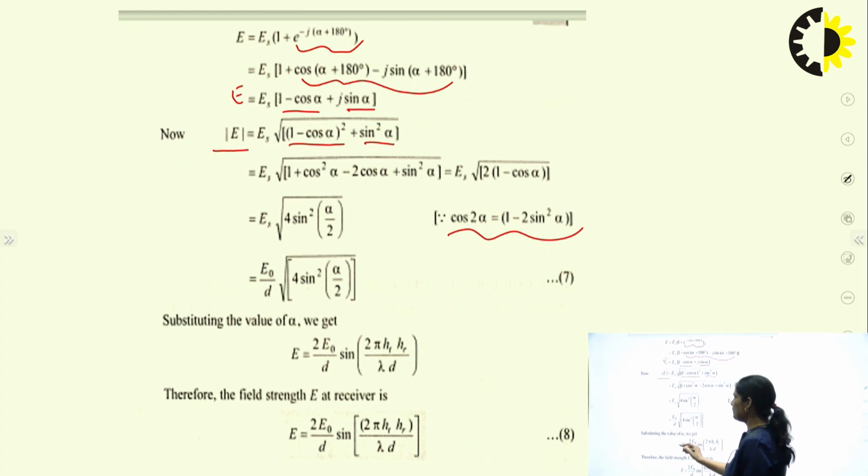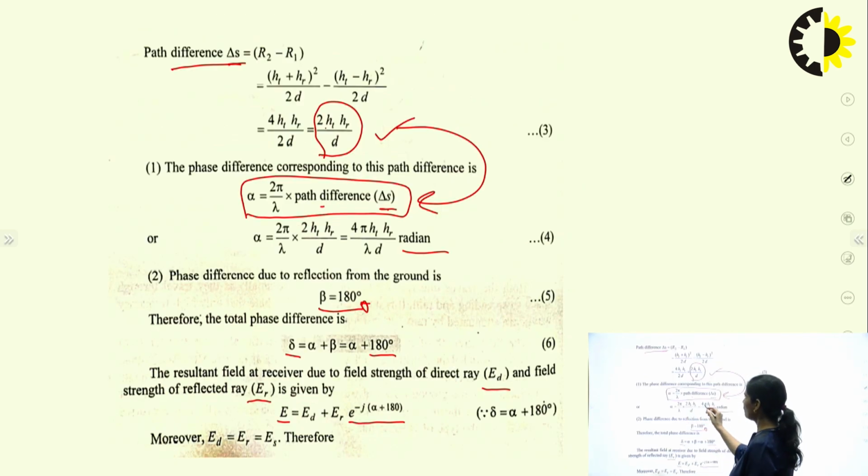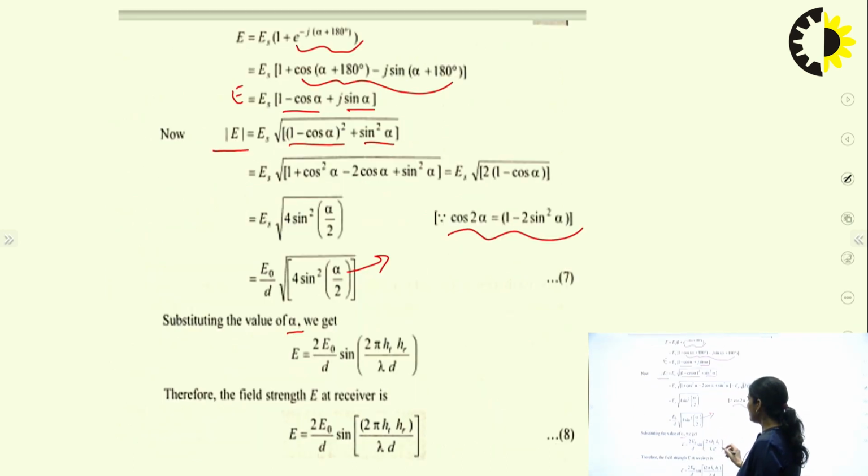Now substituting the value of alpha, E is equal to 2 E0 upon D sin (alpha by 2). You can put the value of alpha calculated in the previous slide, that alpha is equal to 4 pi HT HR upon lambda D. So put the value of alpha and you will get E is equal to 2 E0 upon D sin (2 pi HT HR upon lambda D).